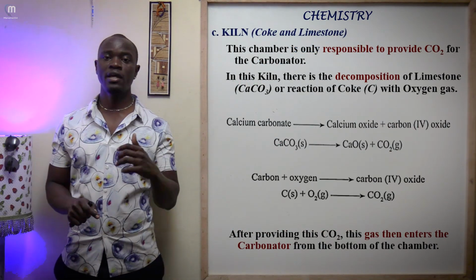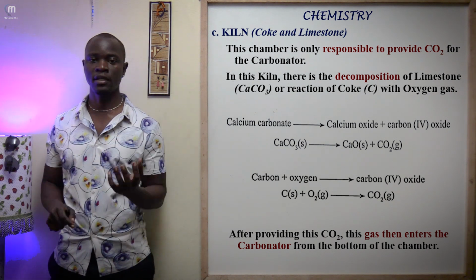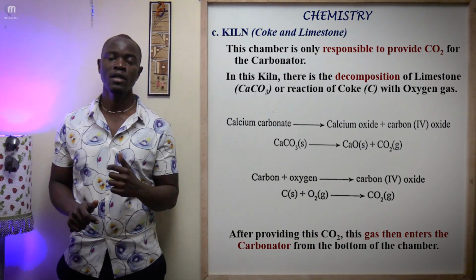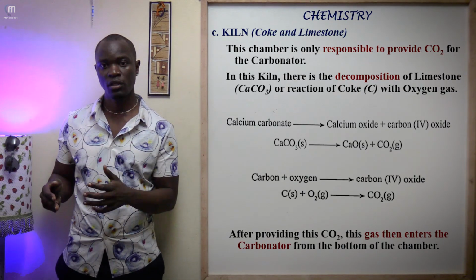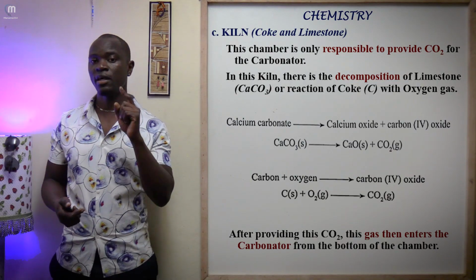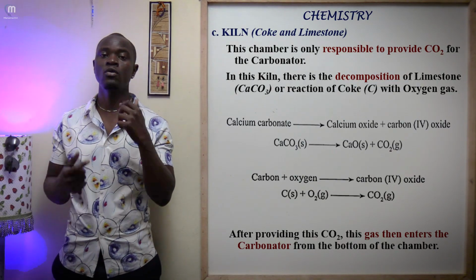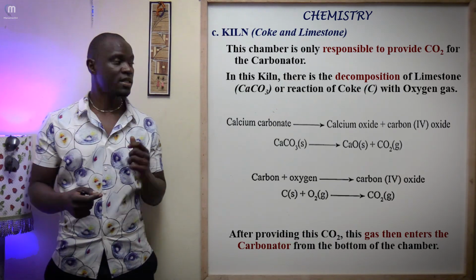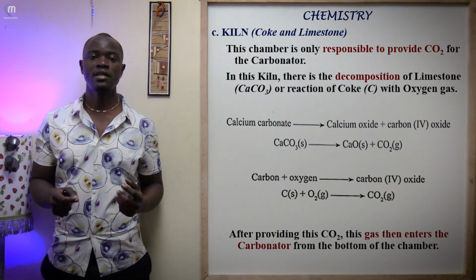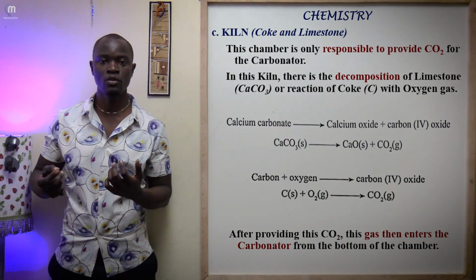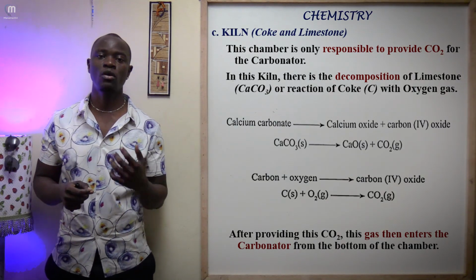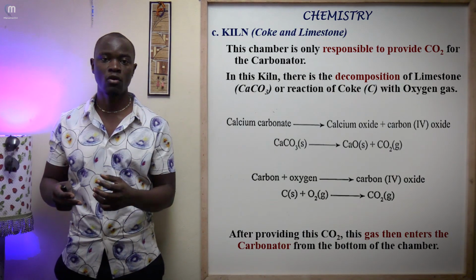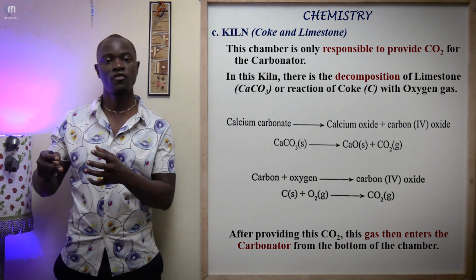Now we go to the fourth chamber, which is the kiln. Remember, in the kiln we have limestone and coke. The main reason for the kiln is to produce carbon dioxide and calcium oxide. If we heat the limestone, which is calcium carbonate, we obtain calcium oxide and carbon dioxide.